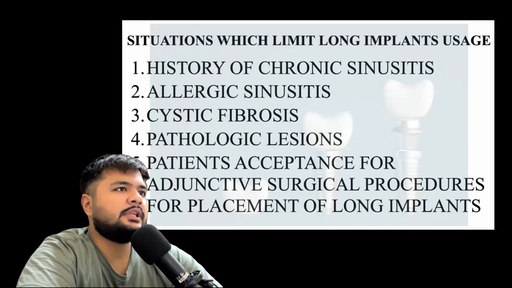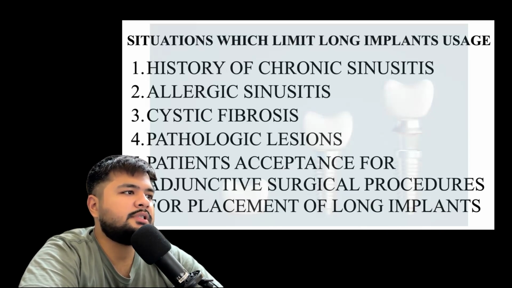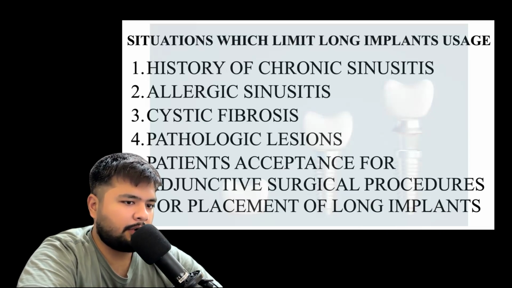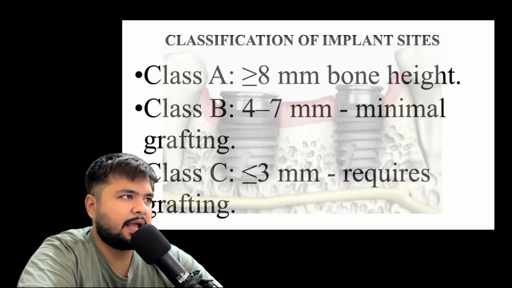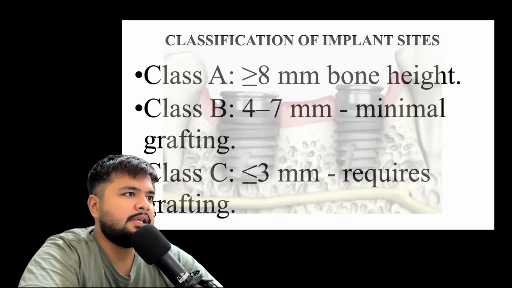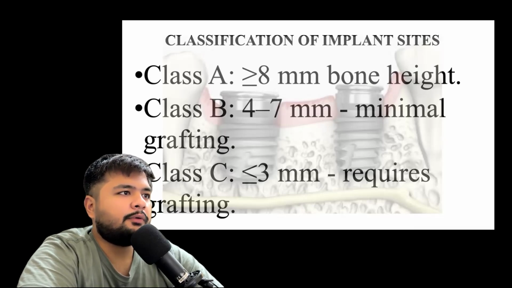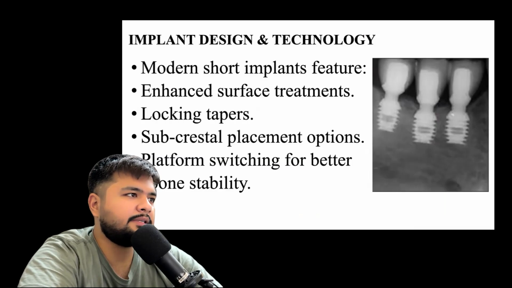Then there are situations which limit long implant usage, like a history of chronic sinusitis, allergic sinusitis, cystic fibrosis, pathological lesions, and the patient's acceptance of adjunctive surgical procedures for placement of long implants. Then we can classify the implant sites as class A, class B, and class C. Class A being more than or equal to 8, class B 4 to 7 which requires minimal grafting, and class C less than 3 which definitely requires grafting.